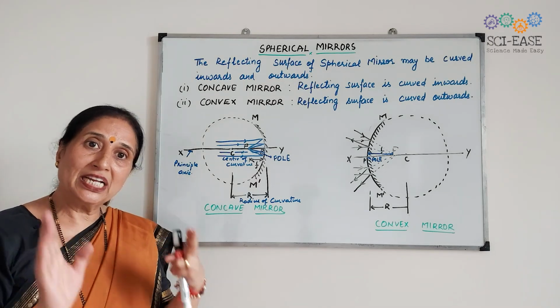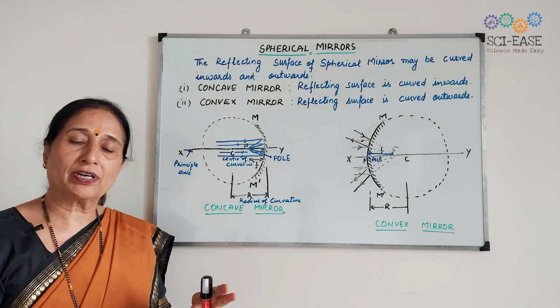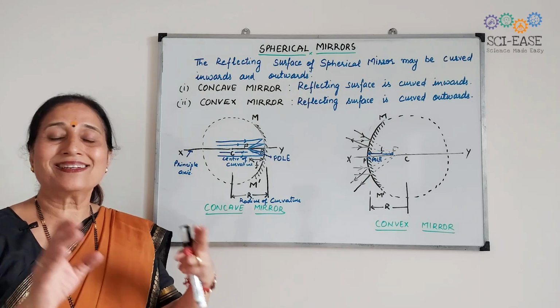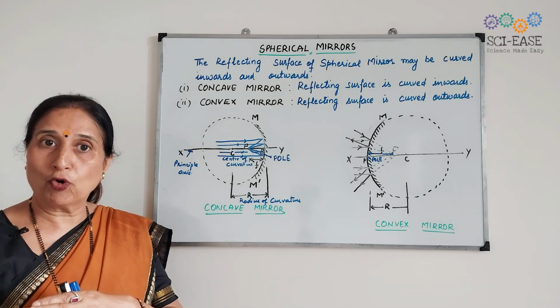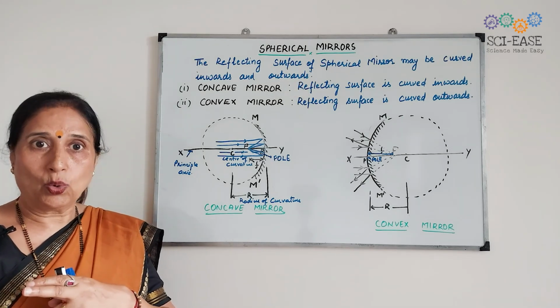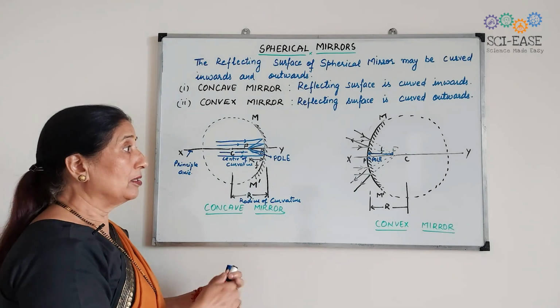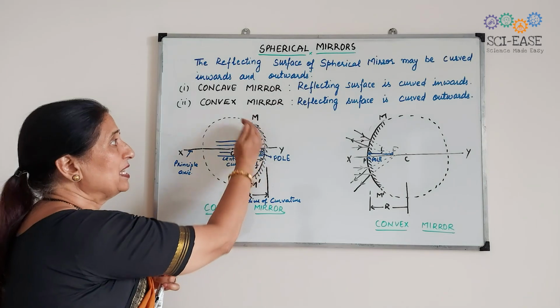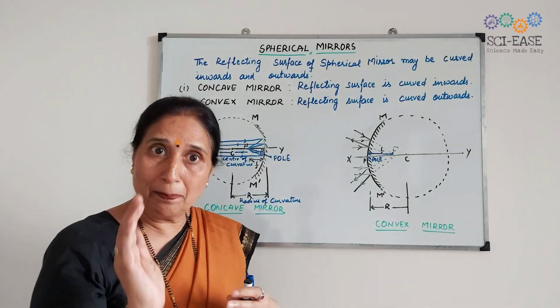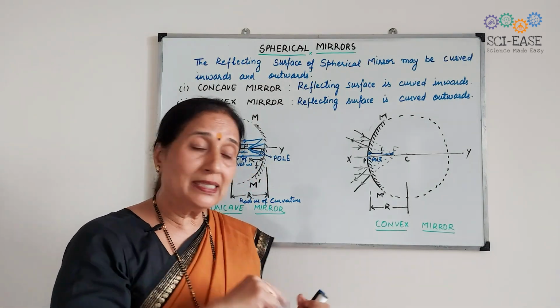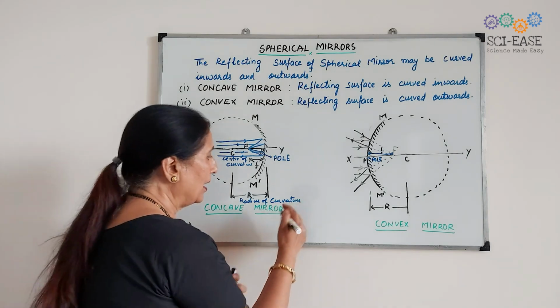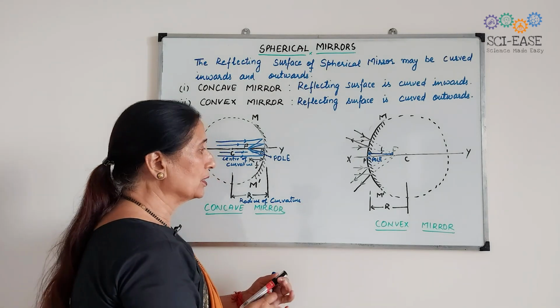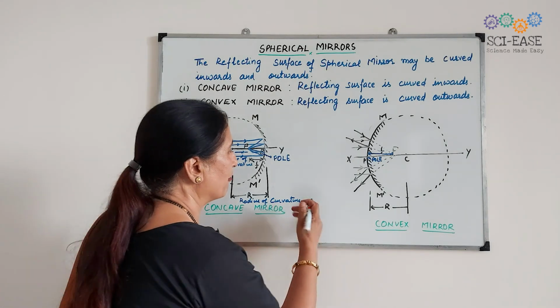There is one relationship between the radius of curvature and the focal length. We should take mirrors which have small apertures, and in that case R is equal to 2f.